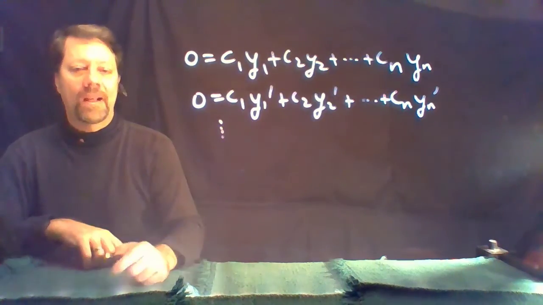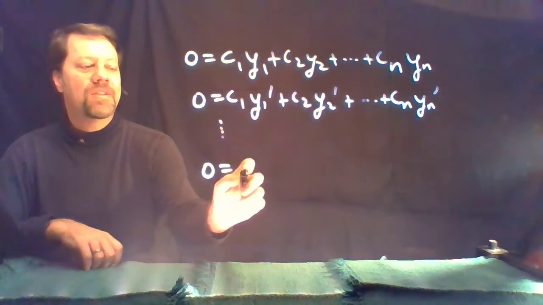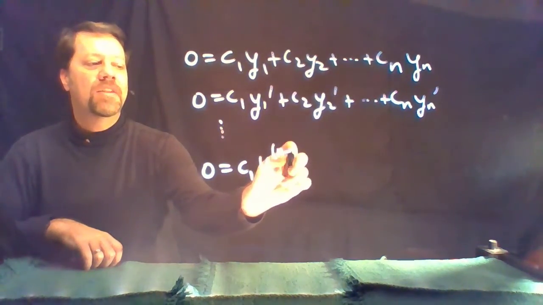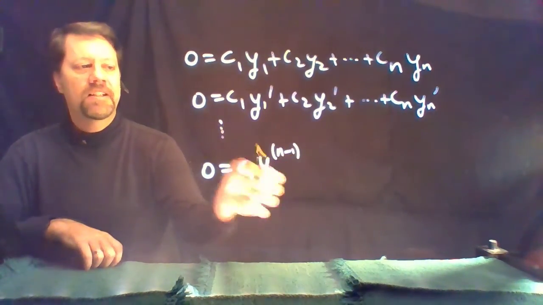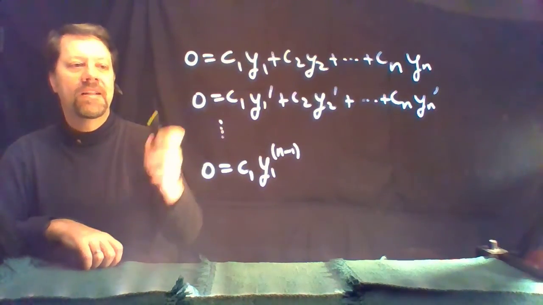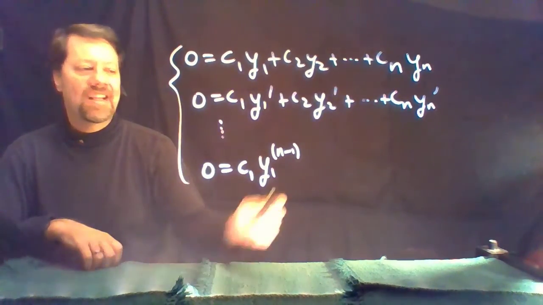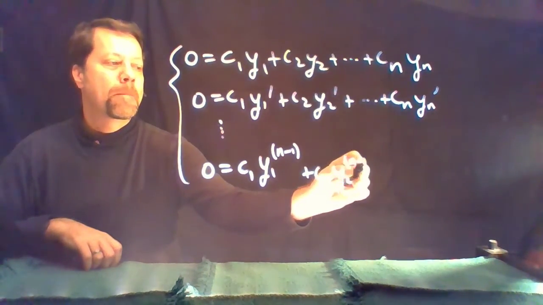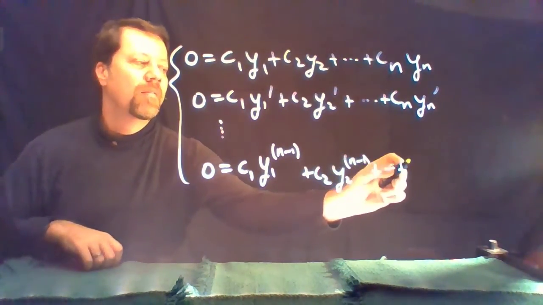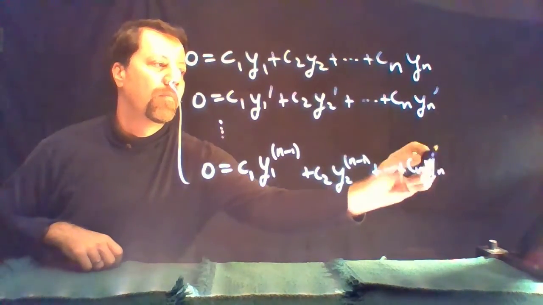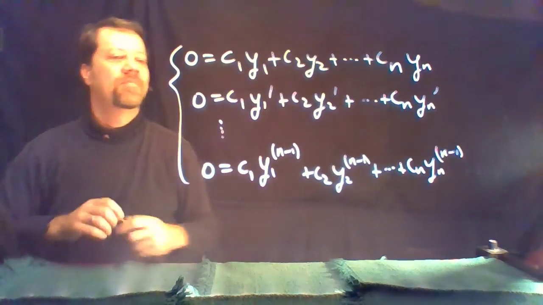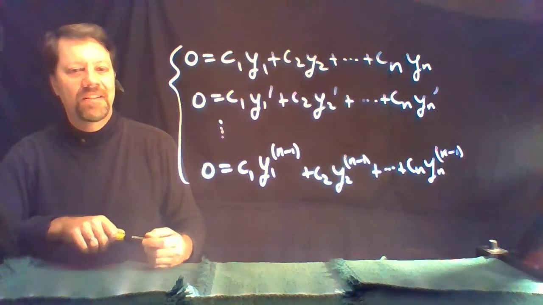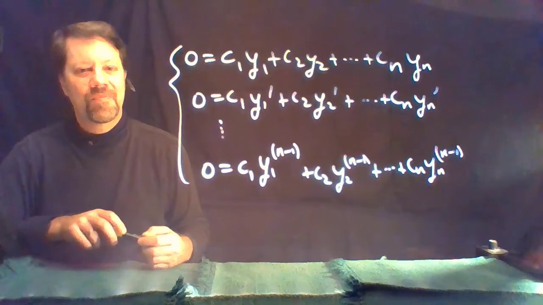We need to keep going until we get to the n minus first derivative. If we go from 0 to n minus 1, this will give us n equations. We have n equations in n unknowns.